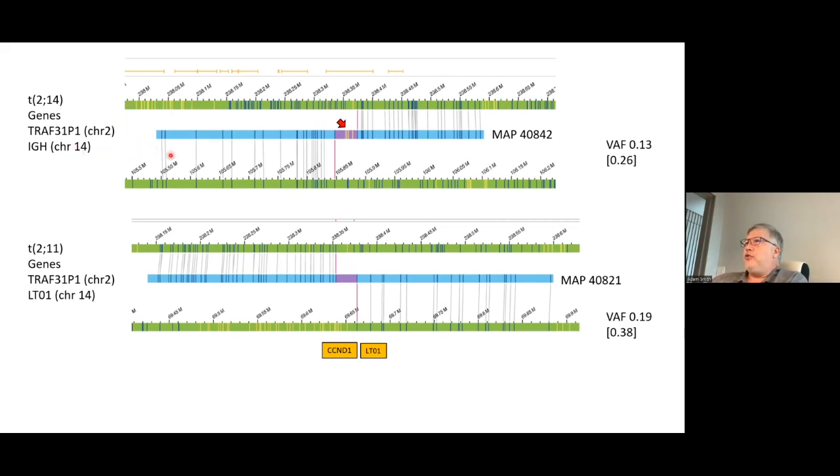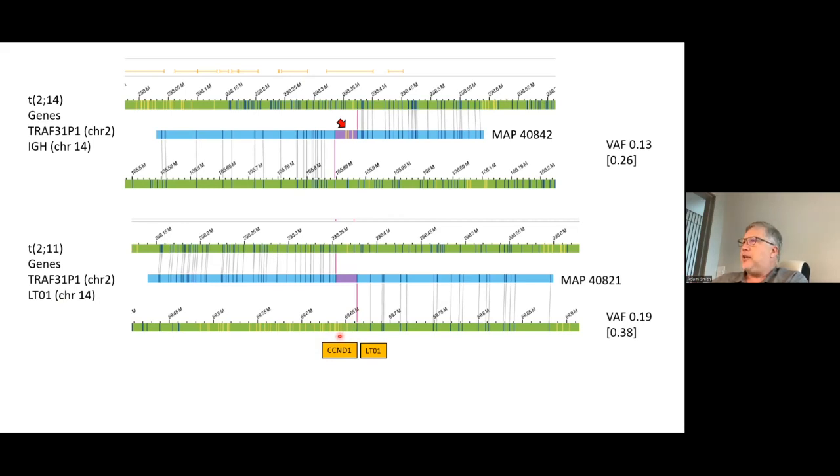And then here's the 2;11. It was so highly suspicious to me that we would have these two rearrangements together, where one has IGH as the partner, and the other breaks just distal to CCND1, just ever so slightly.